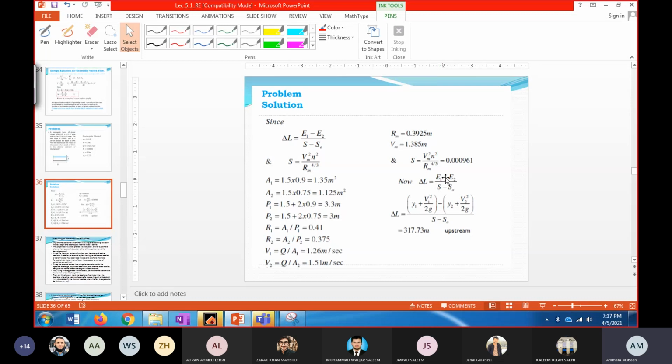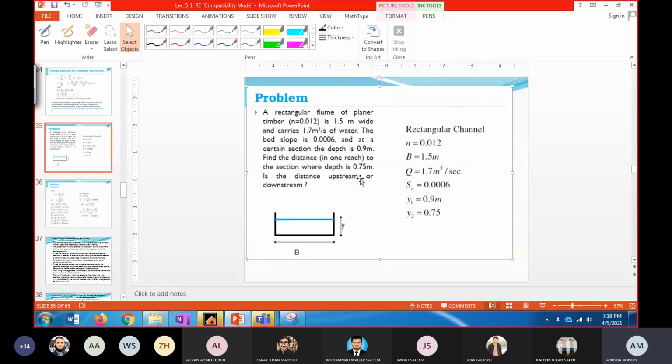So when it comes out to be positive, it means that the direction of flow would be from higher energy level to lower energy level. That is why you can find out the direction of flow, and it is said that this 0.75 depth is upstream. Or you can say that flow direction is from 0.9 meter to 0.75.